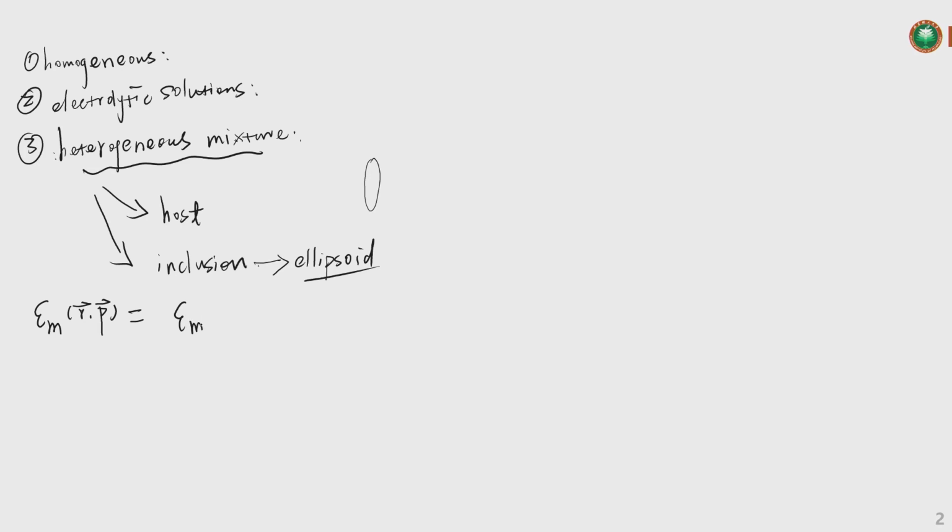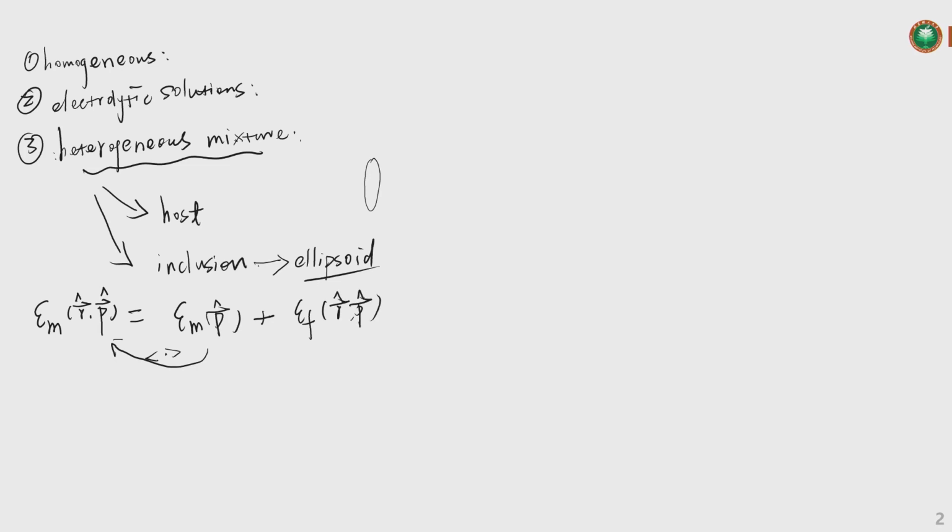One part is the mean average, the average of the dielectric constant of the mixture, plus another part, which is the fluctuation part.